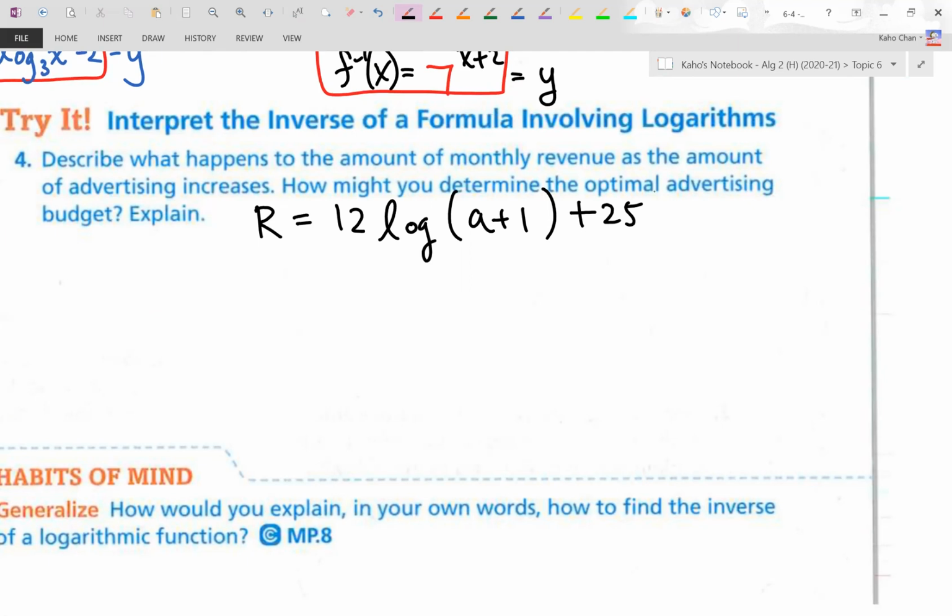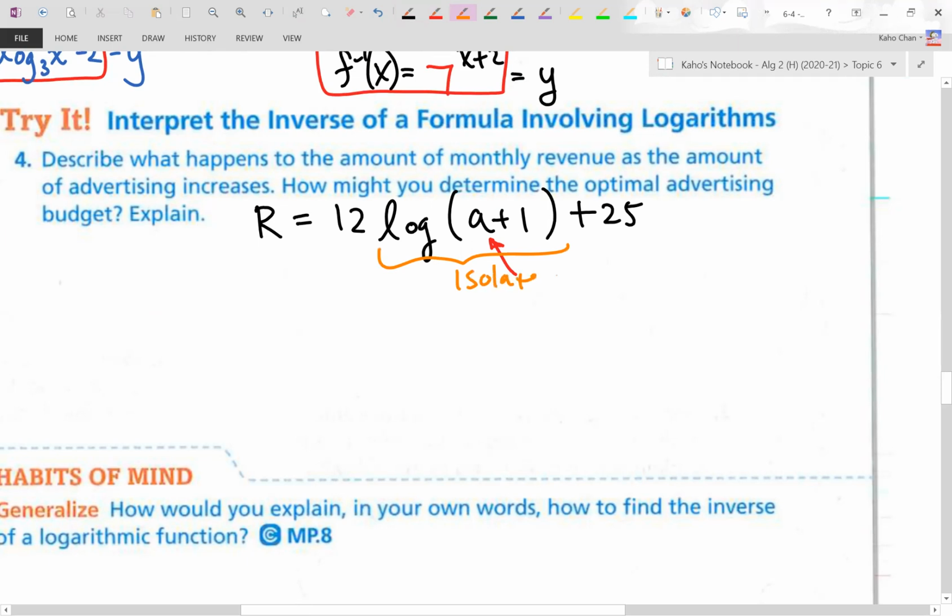Here, what are we trying to do, you think? Yeah, we're trying to solve for A. Okay, that's all we're doing. So before we do that, we want to isolate the log only. We've got to move the 25 and the 12 to the other side. Let's do the 25 first because that's order of operations backwards.